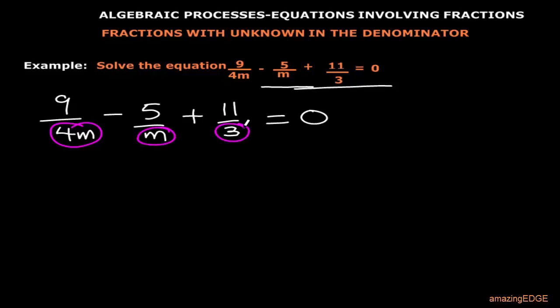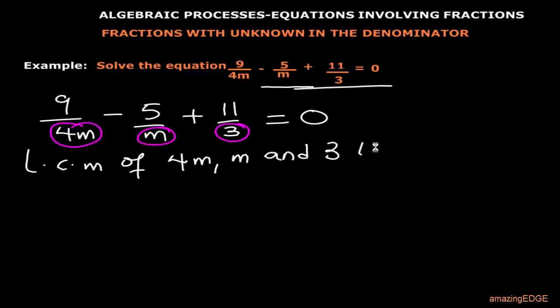In order to achieve that, we just look for the LCM of those 3 terms: 4m, m, and 3. The LCM will simply give us 12m. Now we multiply each term by that LCM, 12m.